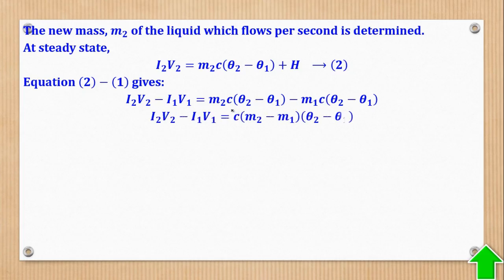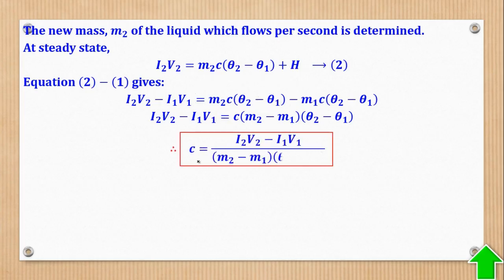Then you can factorize out, because C is common and also change in temperature is common, so we remain with M1 minus M2, which is here. But our aim is to get C, so make C the subject, and that will be the specific heat capacity.